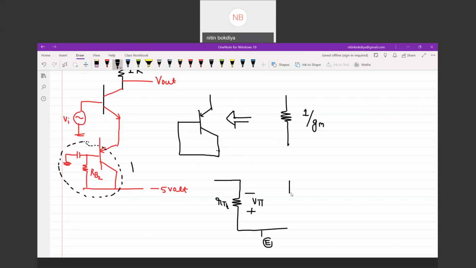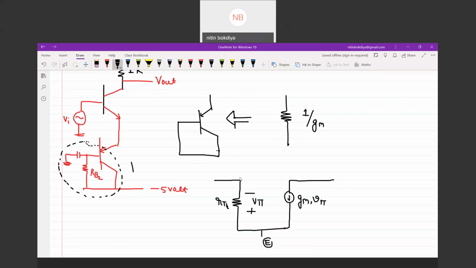Then we are having GM into V pi, and this is our collector terminal.